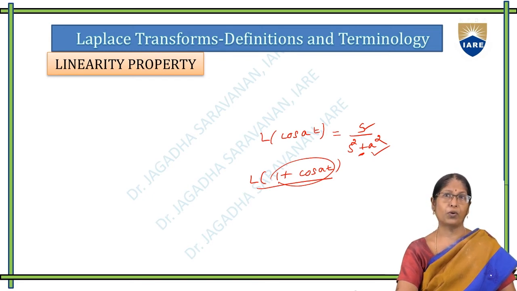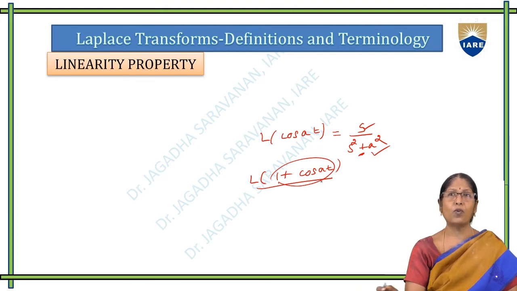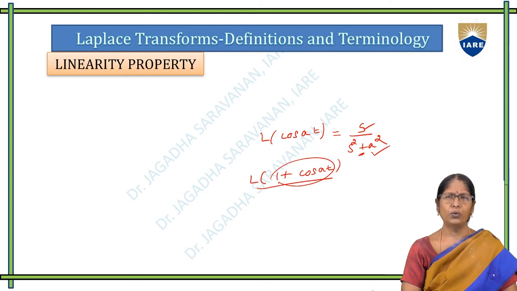So the basic concept of our linearity property is: for the Laplace transform of two or more functions, we take the Laplace transform of each function separately and then sum them.